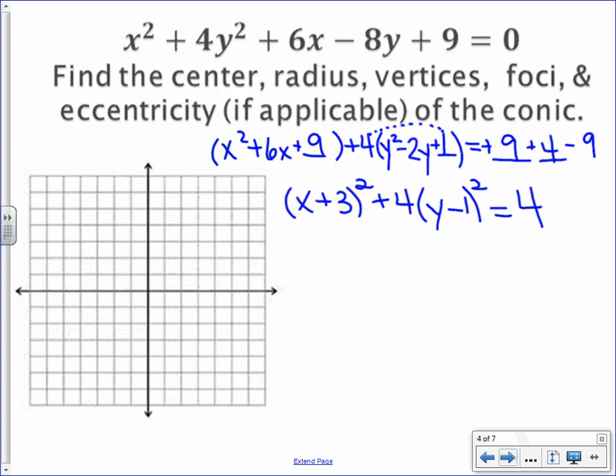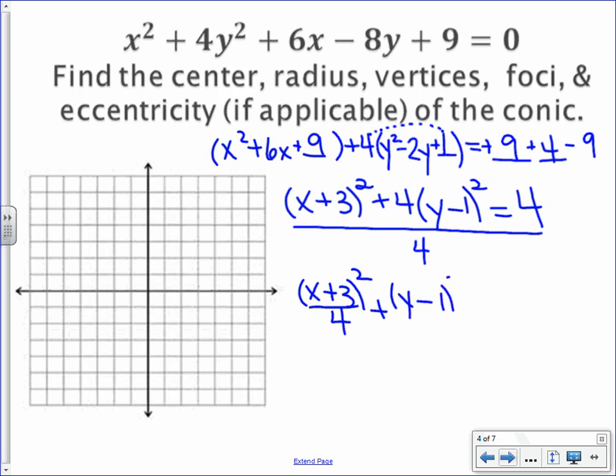In standard form, what number needs to be on that right side? It needs to be 1. Right now we have 4. How do we make it a 1? Divide everything by 4. So we have x plus 3 squared divided by 4, plus these 4's cancel, so I'm going to write y minus 1 squared over 1 equals 1.